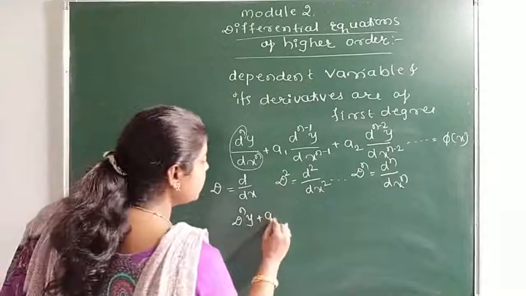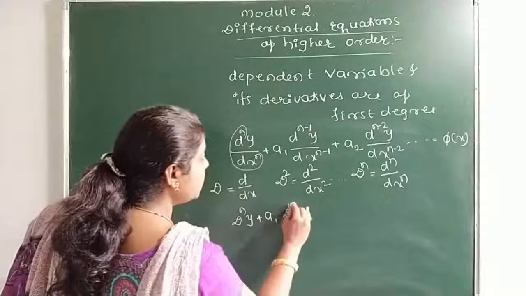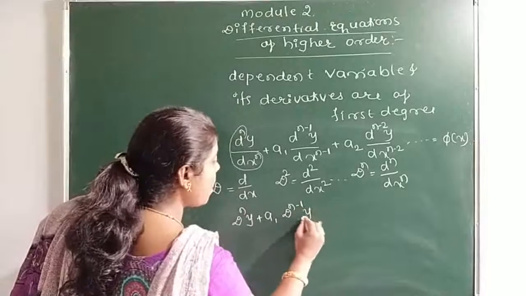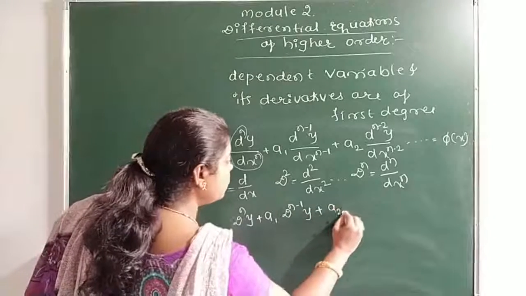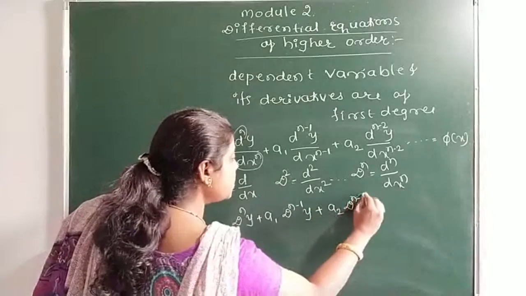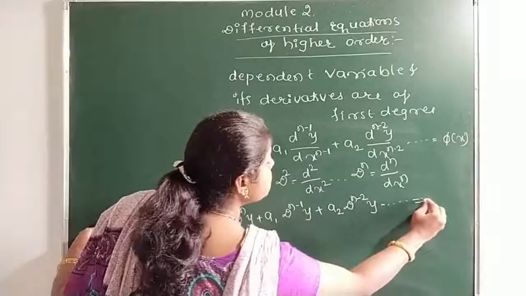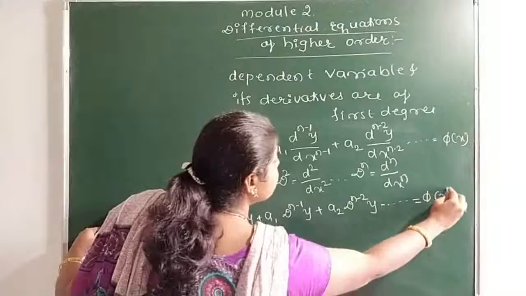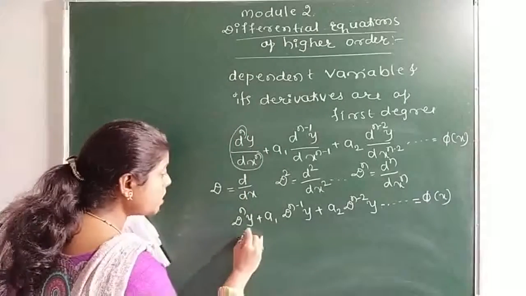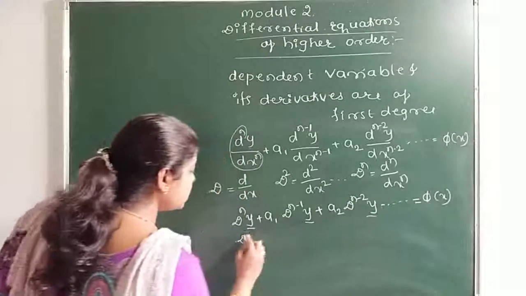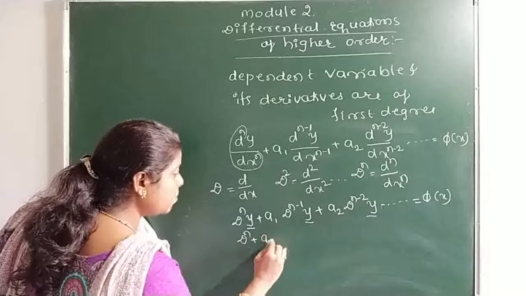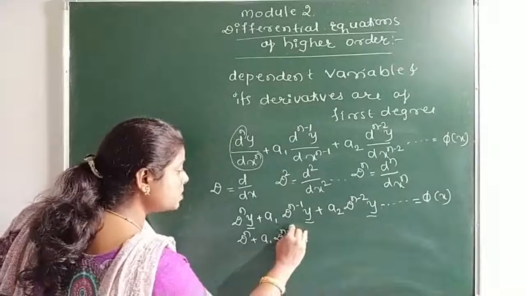Plus a1, a constant, D^(n-1) y plus a2 D^(n-2) y and so on, is equal to φ(x). Y is common to all the elements, so take it outside and write only the D terms with the constants.